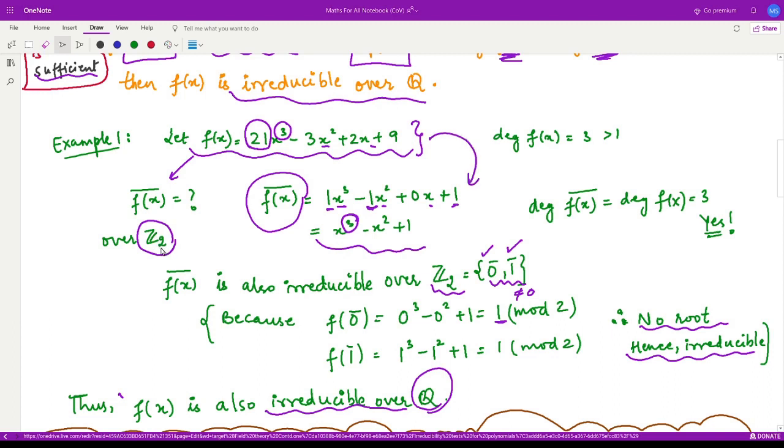You can check it for different primes, and if you get at least one prime, then you check that polynomial whether it is irreducible over the given finite field. It could be easily done, right? So if this reduced polynomial is irreducible, then the original polynomial is again irreducible. So this is the test.